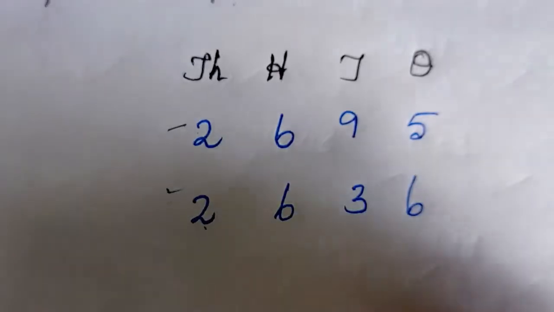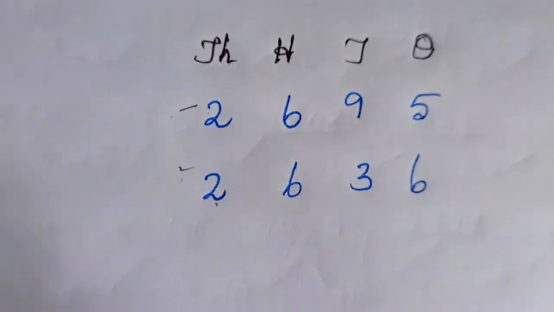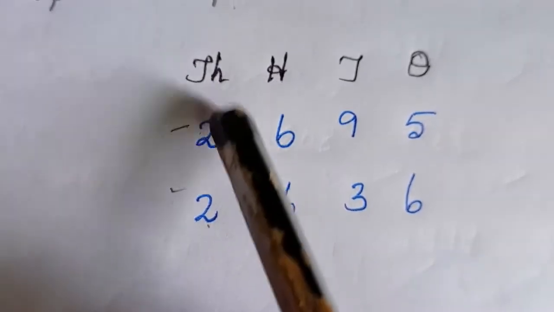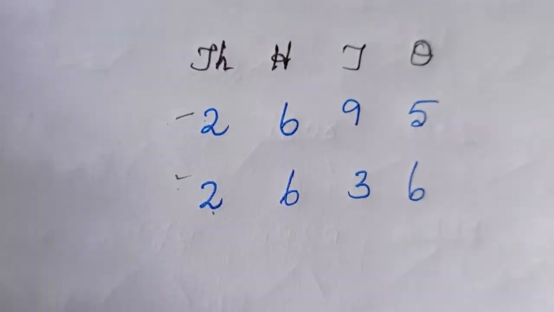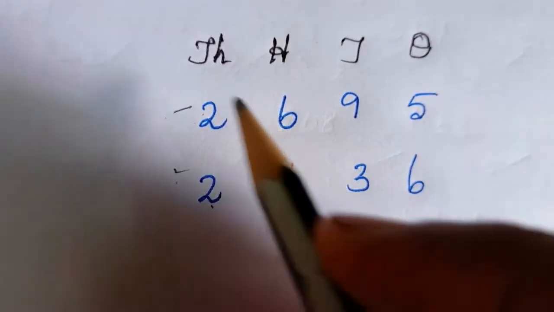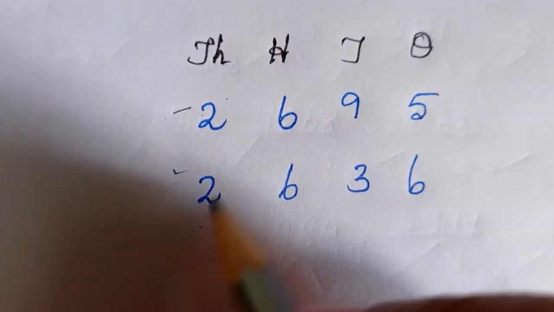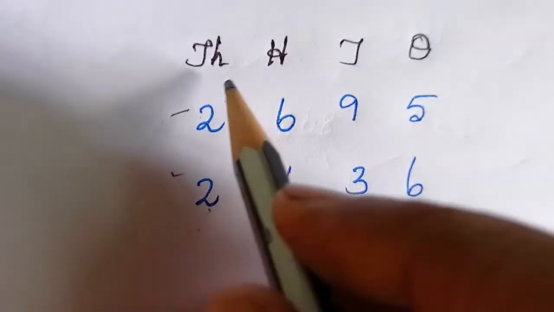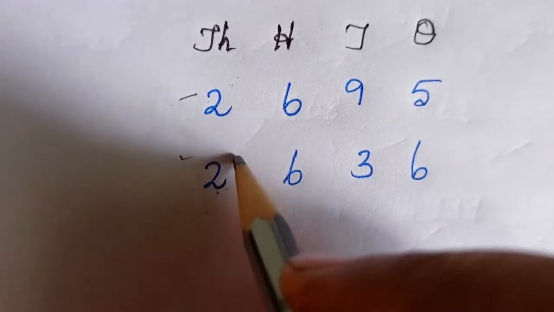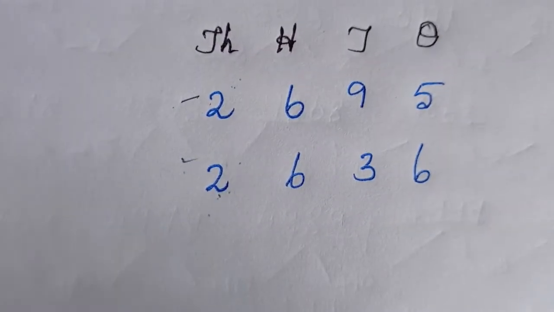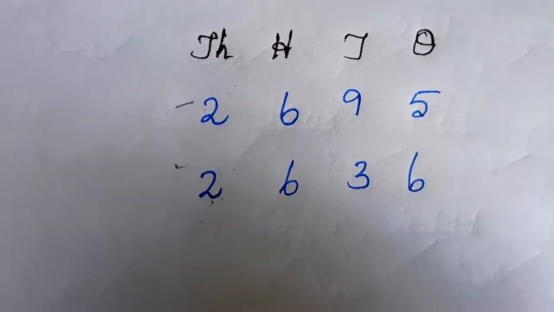Here the highest place value is thousands, isn't it? But both numbers have the same value there, so you can't find which one is greater.